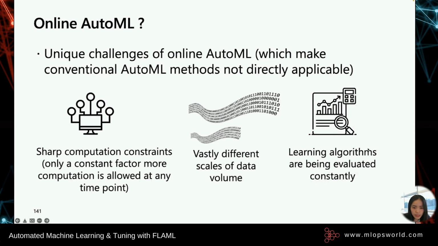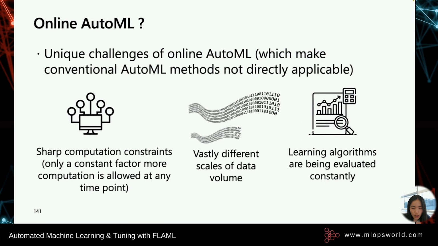The difficulty is mainly caused by three unique challenges because of the online learning paradigm. First, in a practical online learning setting, there is usually a sharp computation constraint at any time point, for example, in terms of the number of models you can train. This sharp computation constraint is usually ignored in conventional AutoML methods. Second, any functioning online learning system needs to be able to handle vastly different scales of data volume, which makes it non-trivial to decide how many data samples we want to spend on training a model with a particular hyperparameter configuration.